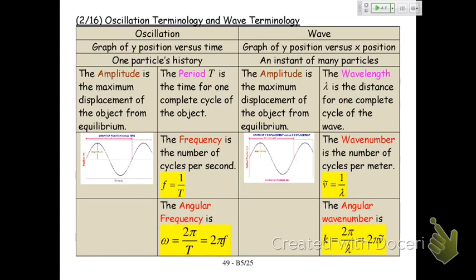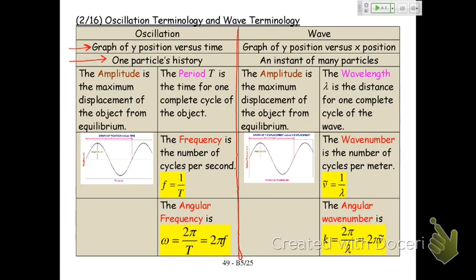Cool. This is a really important page, and it's worthwhile spending some time on. We've touched on it already. On one side, I'm sorting out the oscillations, and on the other side, I'm talking about the wave. Think of the oscillation as being a graph of position versus time for one particle.